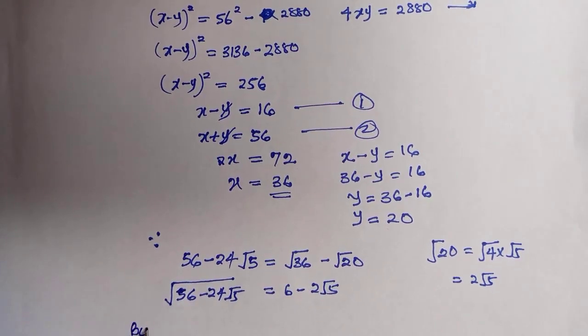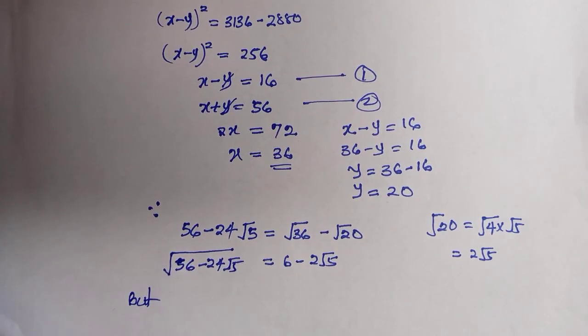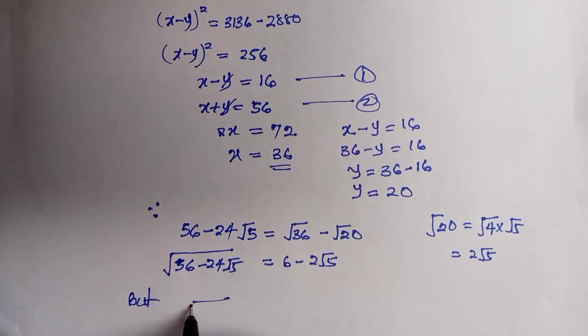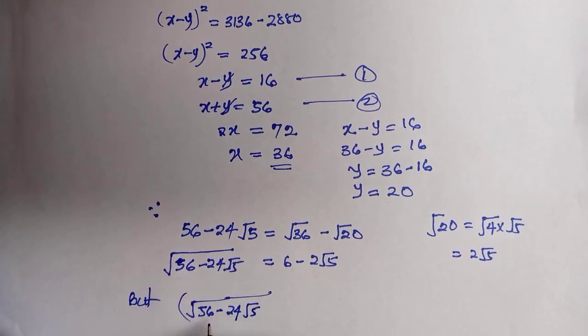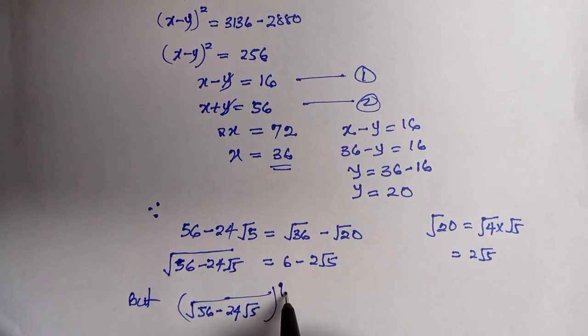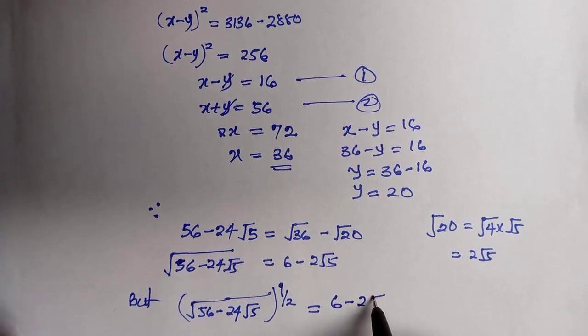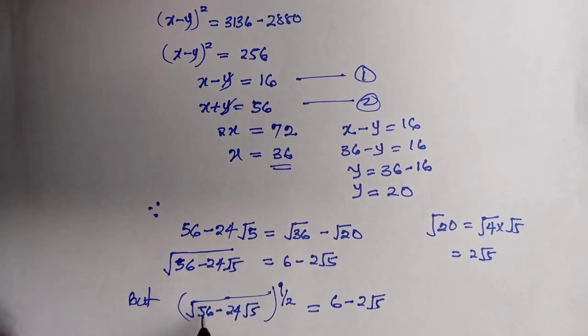Okay, so here is the first case. Let's see the second case. If you have the root of 56 minus 24 root 5, all raised to the power of 2 from the above highlight, so equals 36 minus 20.